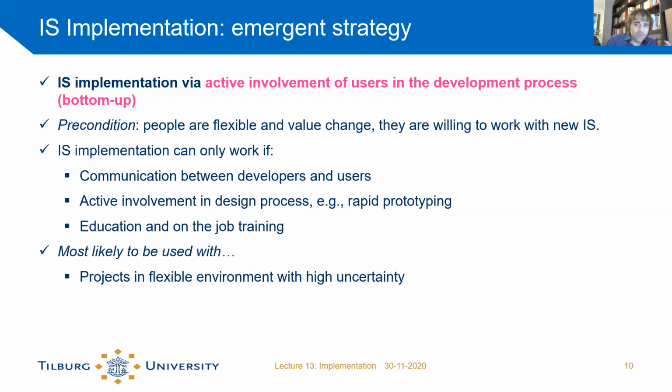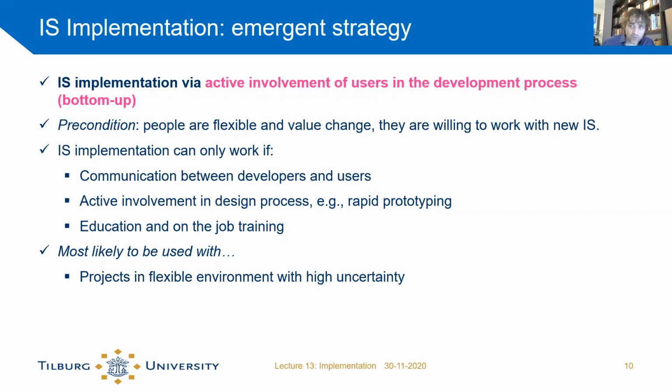So if you implement something via this strategy, you basically actively involve the future users in the development process. Which basically means that if you implement a new technology, for example, a new customer relationship management system in an organization using this implementation strategy, you, at the beginning of the project, invite the users to join the project.